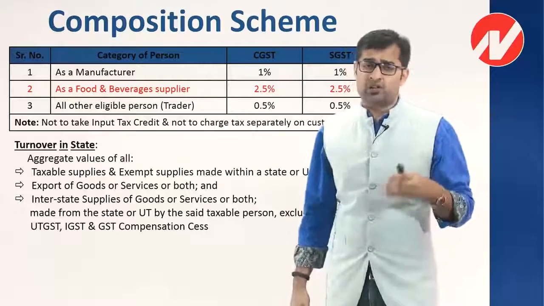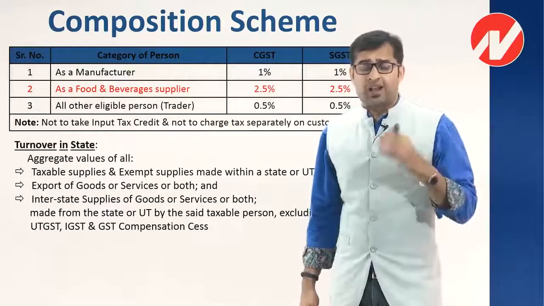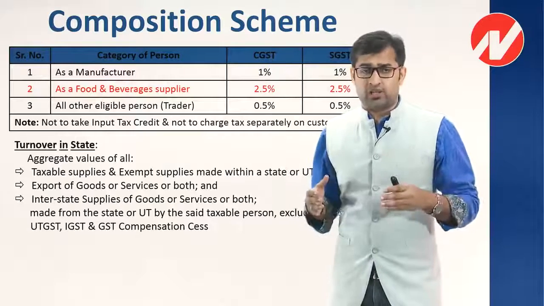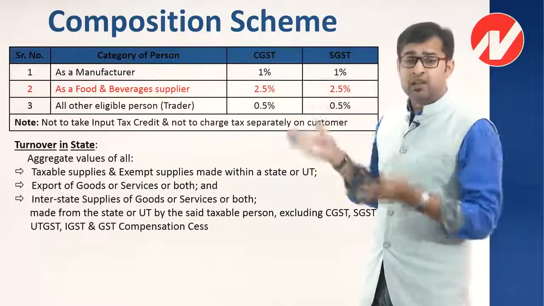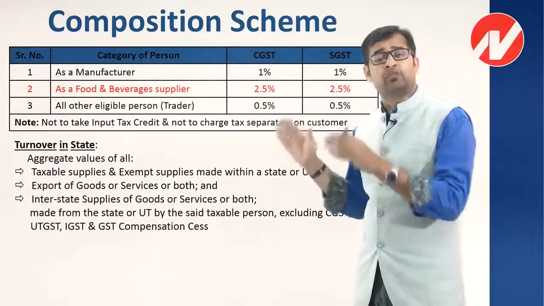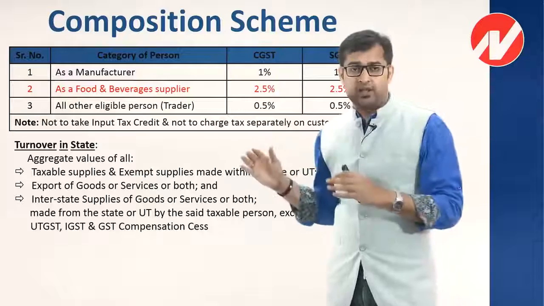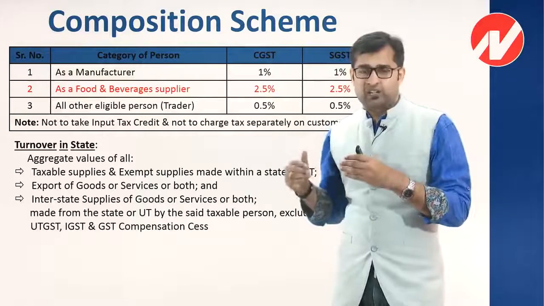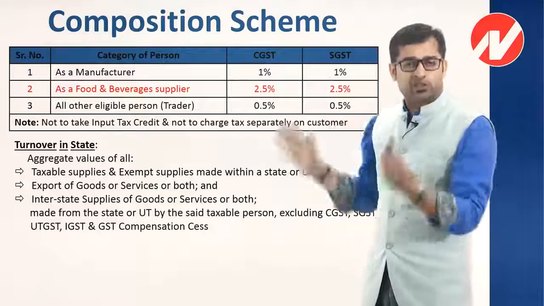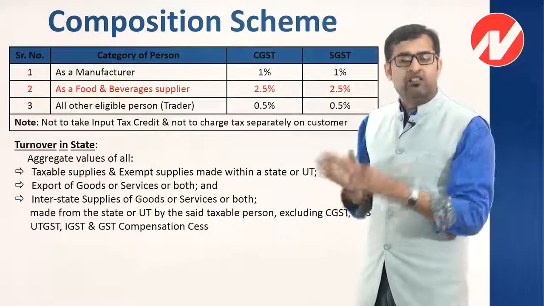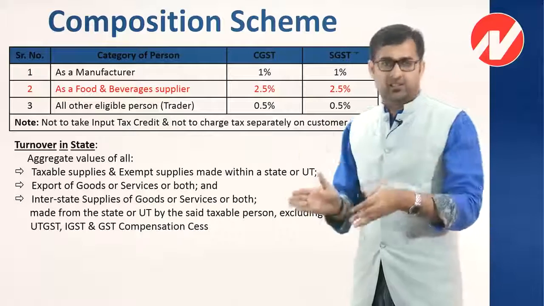Let us say Gujarat का turnover 75 लाख हो जाता है और महाराष्ट्र का turnover मान लो कि 40 लाख हो जाता है, तो मुझे गुजरात का turnover अलग गिन के उसके ऊपर टैक्स अलग से भरना है, मुझे महाराष्ट्र का turnover अलग गिन के महाराष्ट्र के ऊपर अलग से टैक्स भरना है. So हम respective state का turnover गिनेंगे. तो बहुत clearly बोला है कि aggregate value of all the turnovers that you make from that state will be considered as a turnover of that state.